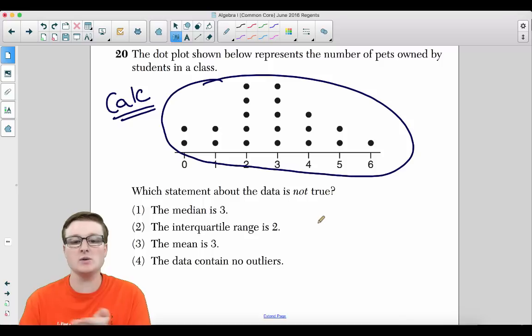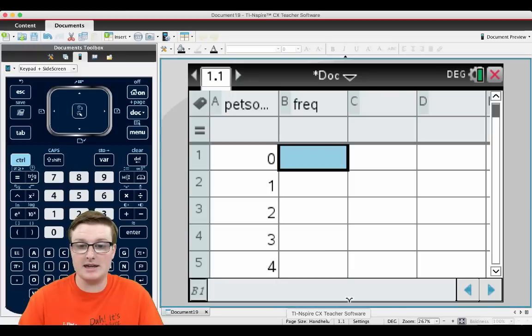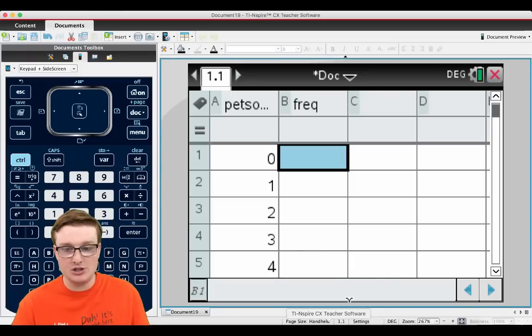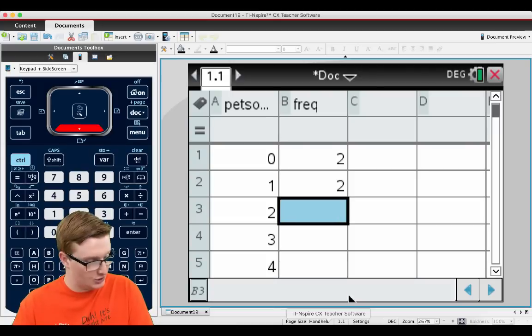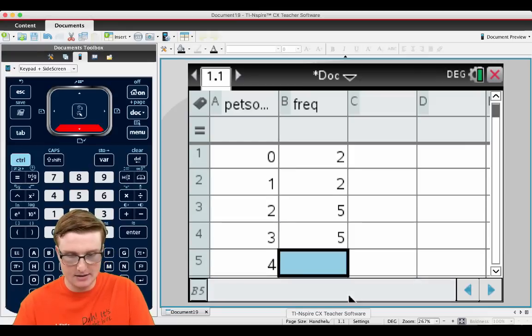So for 0, there are 2. For 1, there are 2. For 2, there are 5 dots. Then 5 dots again, then 3 dots, then 2 dots, and 1 dot.